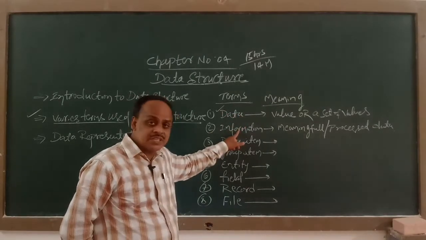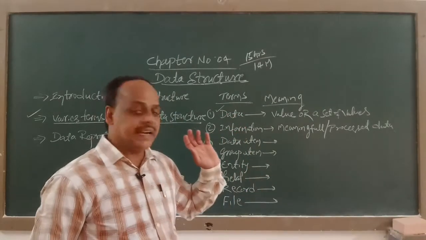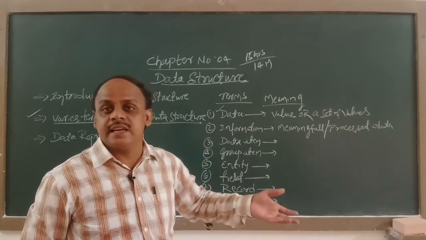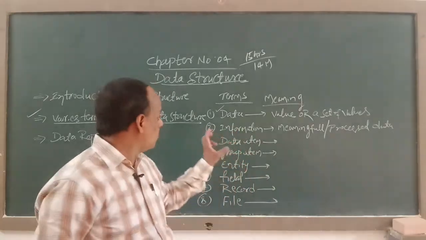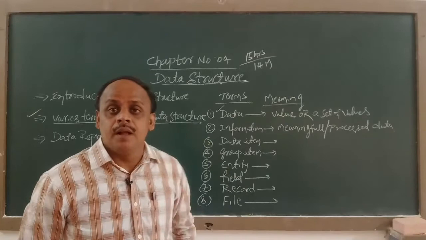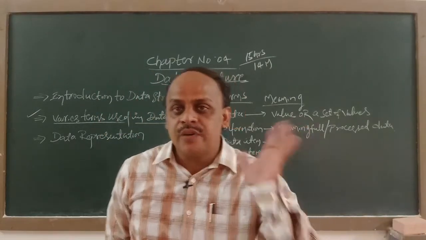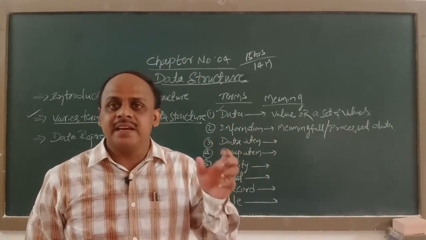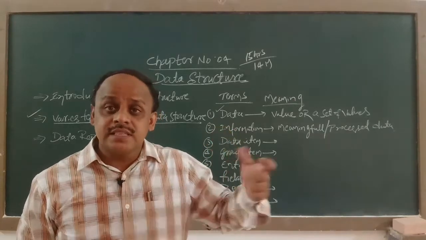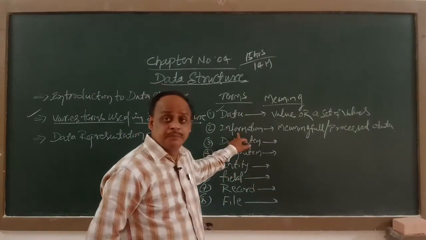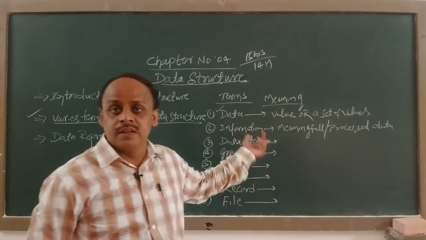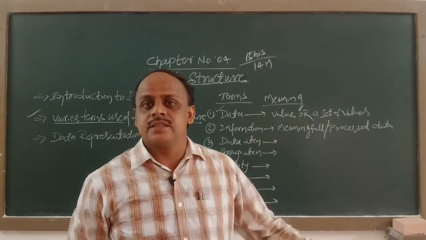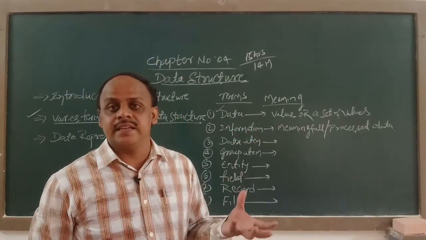What is information? Meaningful data or processed data is considered as information. For example, my roll number is 25. It has a meaning. So this is information. Previously, 25 was just data; we don't know what it is exactly.